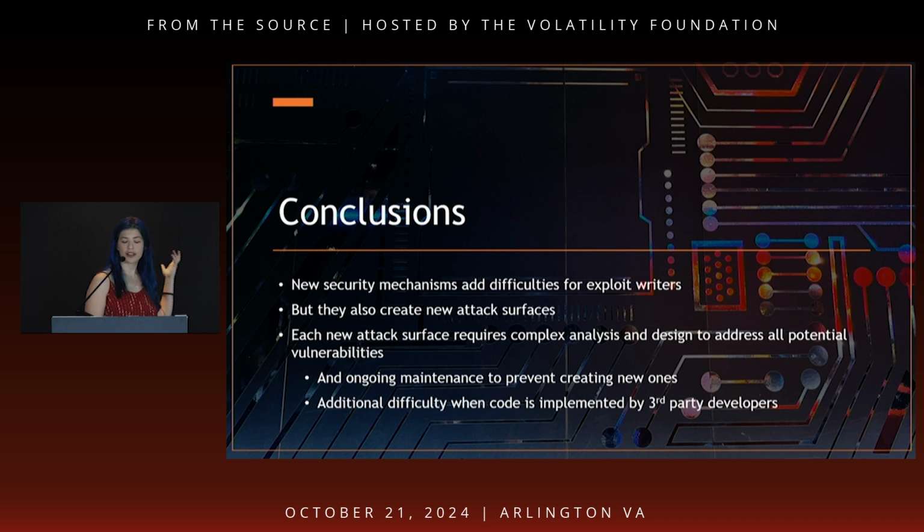So Microsoft, and that is not just true of Microsoft, that is true for any operating system or any big product, now needs to put a lot more effort and knowledge and skills into maintaining all of those and making sure there are no bugs in them. They don't just need to defend the main system call interface, they need to defend the system call interface in the kernel and in the secure kernel and the hypercall interface in the hypervisor and the RPC mechanisms in secure processes.